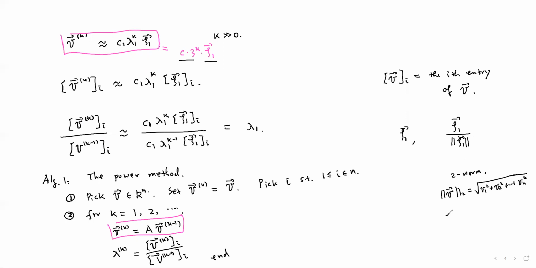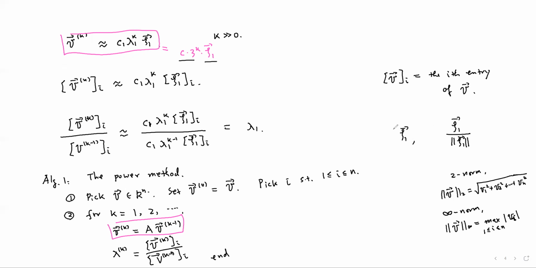Or you can use the infinity norm. What does the infinity norm mean? For a vector V, take the absolute value of all the entries, Vi, the ith entry of vector V, then pick the largest one. The maximum of the absolute values of the entries is called the infinity norm. So the norm can be the 2-norm, the infinity norm, or any vector norm.